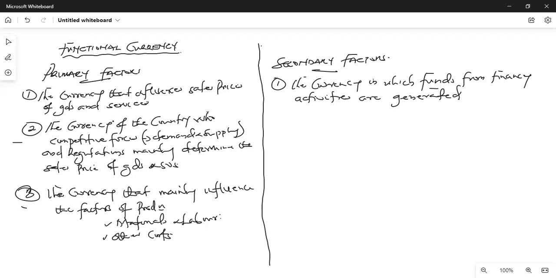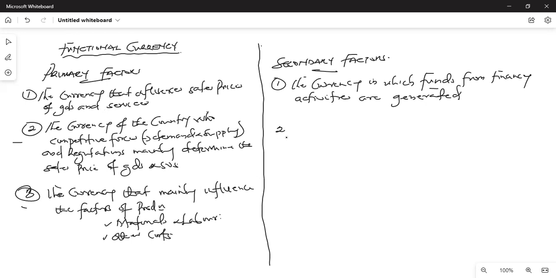So if there is confusion amidst the primary factors, then you ask yourself, if the entity is going to borrow funds, which currency will it borrow? Which currency will it get the funds in? The one that achieves it will become the functional currency.